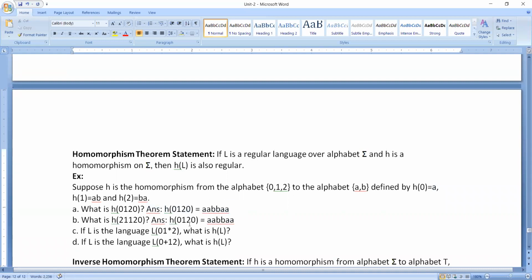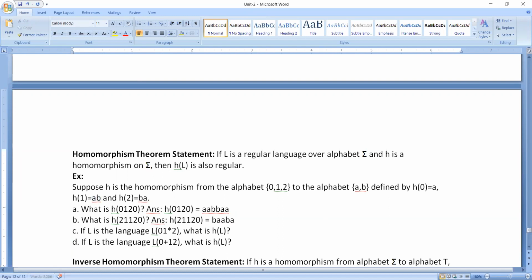What is our second string? We are going to apply the homomorphic function on 21120. What is 2 here? 2 is BA. And then double 1: first we need to apply it for 1. H of 1 is AB.